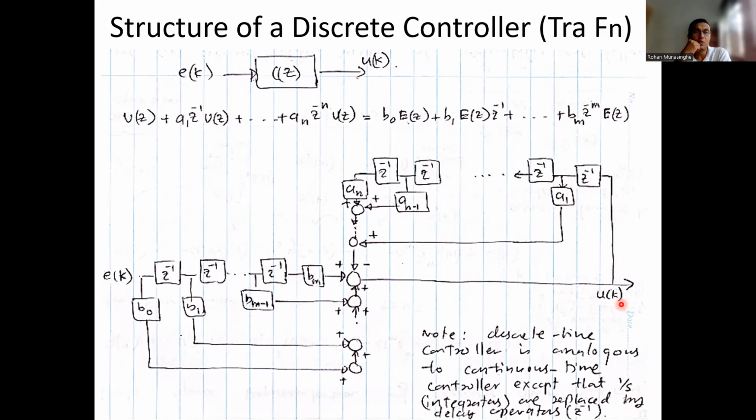I mean, what sort of hardware do you need to implement this structure? Let me horn in a little bit. This is not an analog controller anymore. So therefore, there are no op amps, resistors, caps, and so on. It's not an analog controller. This is a digital controller.